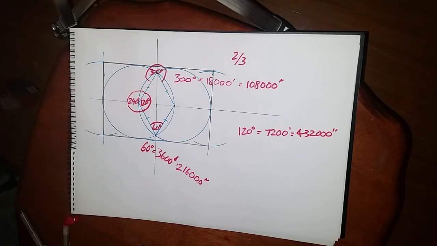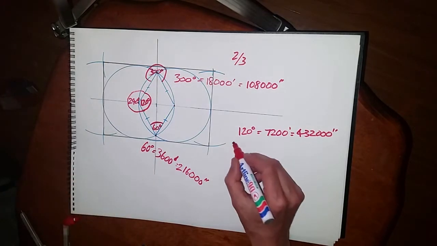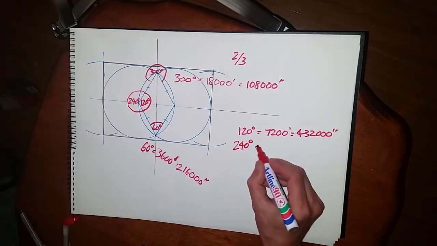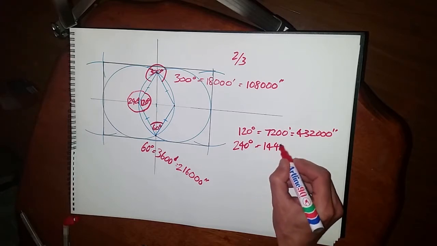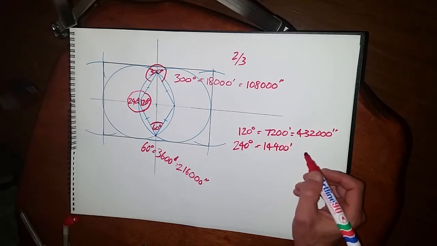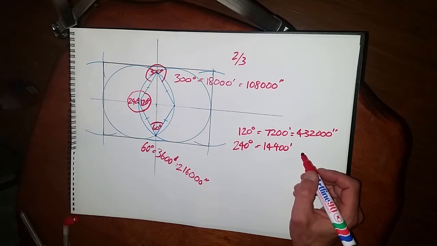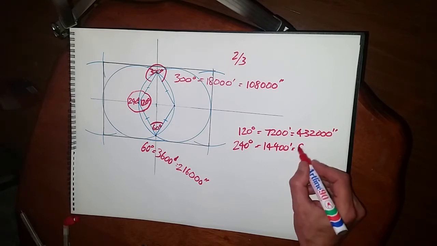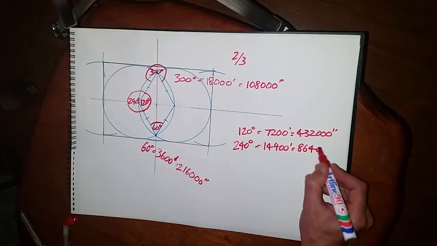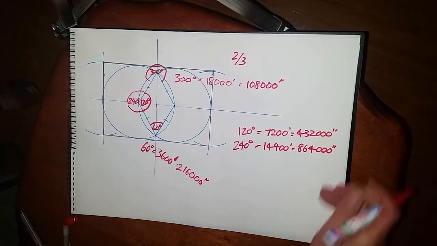Just so many cool things that emerge from there. 240 degrees would be 14,400 minutes. Am I missing a 0 there? I don't think so. And therefore that would be 864,000 seconds.